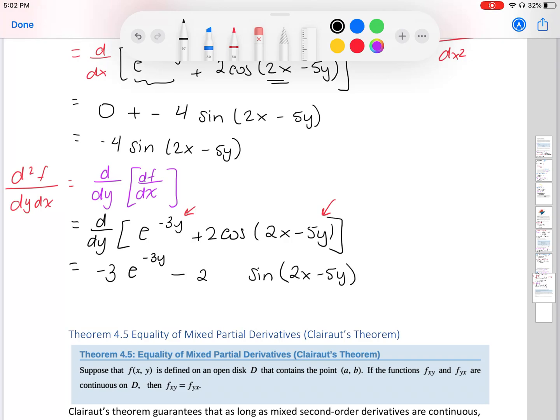The derivative of your argument, the derivative of 2x is 0. The derivative of negative 5y is just negative 5. So times negative 5. So our derivative is negative 3e to the negative 3y plus 10 sine of 2x minus 5y.